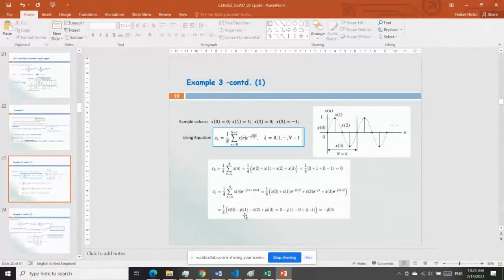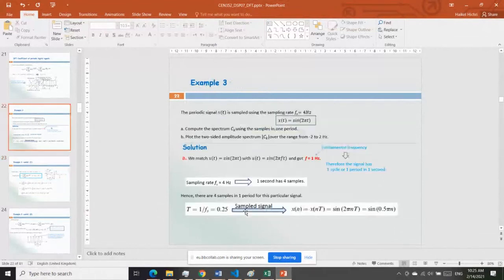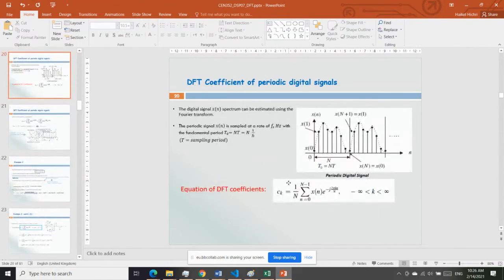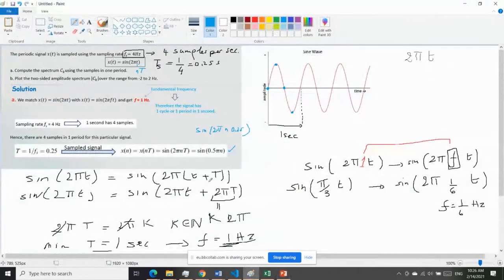Okay, next. Now this is question A. We're not done yet. We need to compute Ck using the equation. Where is the equation? Here is the equation. We will write the DFT.